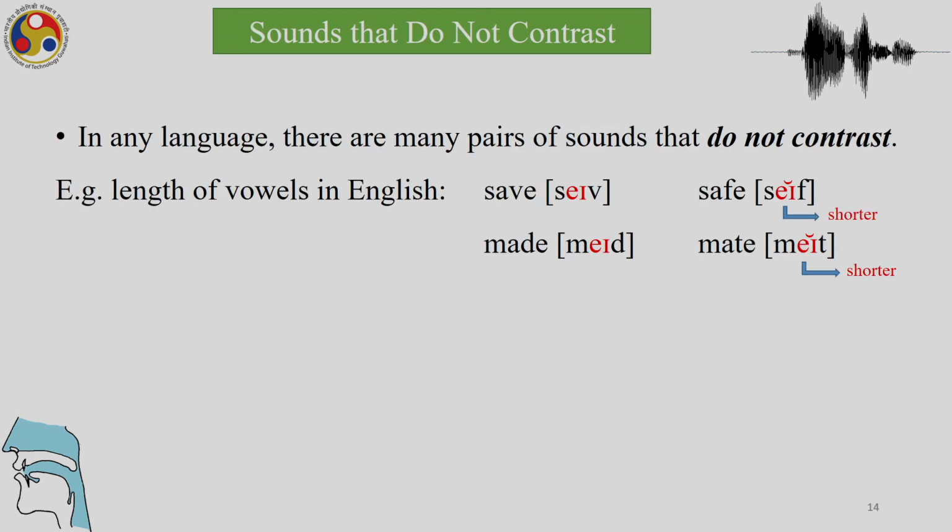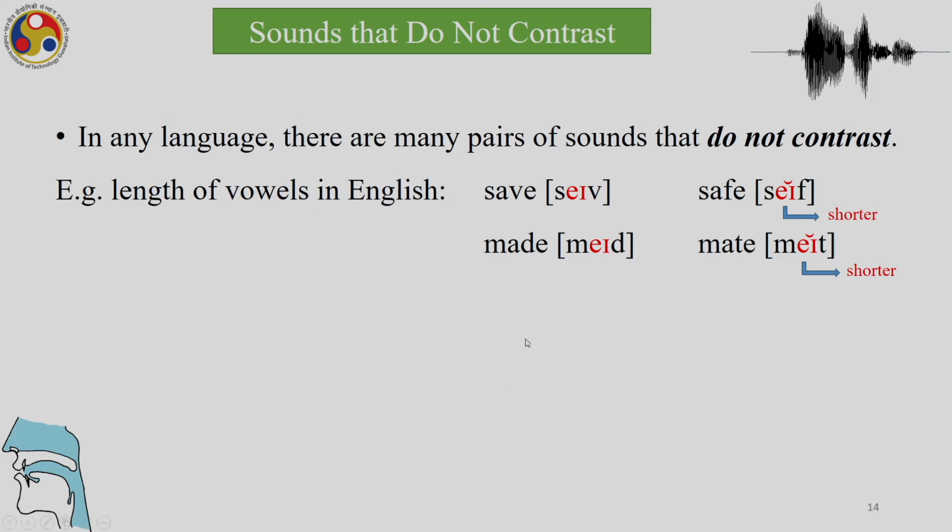In any language, there are many pairs of sounds that do not contrast. For example, the length of vowels in English. We have save and made, which are two verbs, and then two other related words, safe and mate.